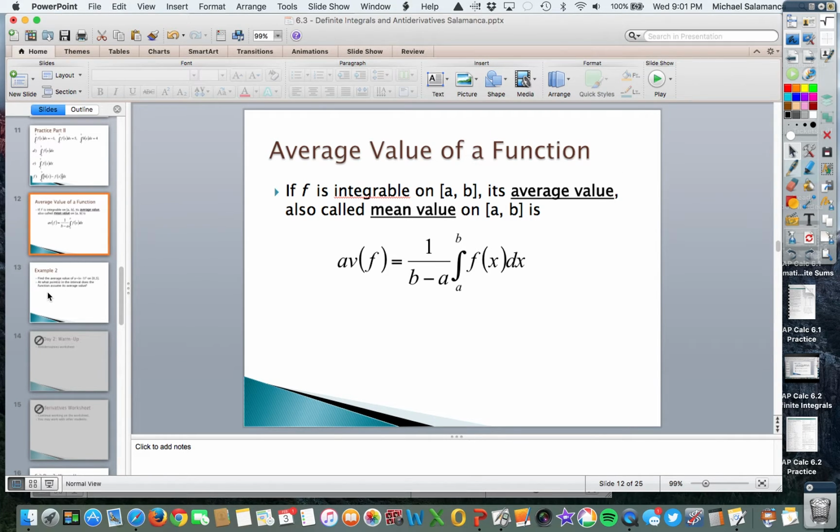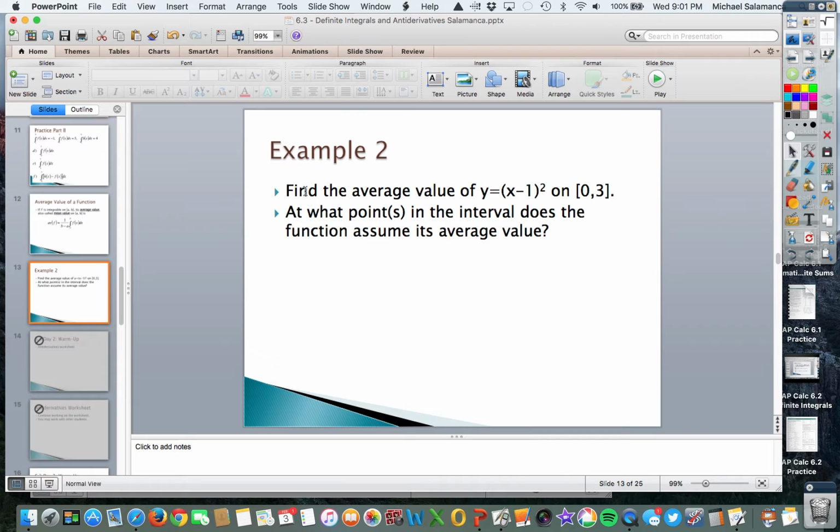What we want to do is look at that in practice. So here we're going to find the average value of y equals the quantity x minus 1 squared on the interval 0 to 3. And then at what point or points in that interval does the function assume its average value?